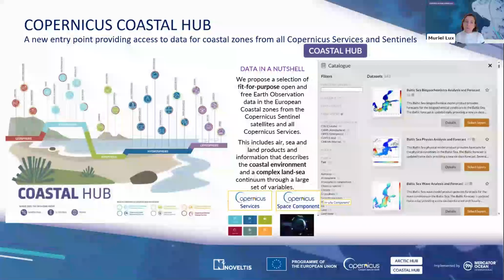When you explore the Copernicus Coastal Hub, you will reach a catalog that includes the products from the different services. On the right side, you can have access to the catalog, and you can see that you have, for example, from the climate change service, about 40 products, from the atmosphere, 13 products, etc.